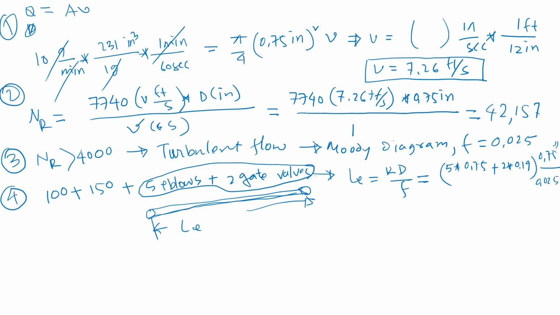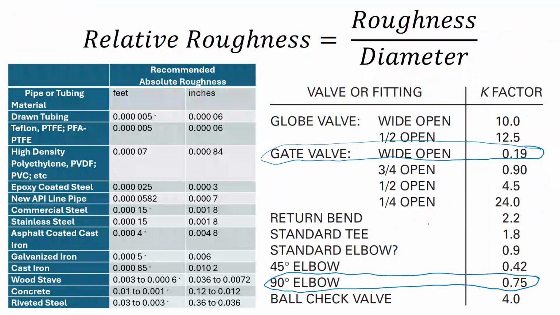Now this will come in inches, so you have to convert that to feet. 12 inches is 1 foot. So I calculated the equivalent length is 10.33. Let me see. Yeah, 10.33 feet.